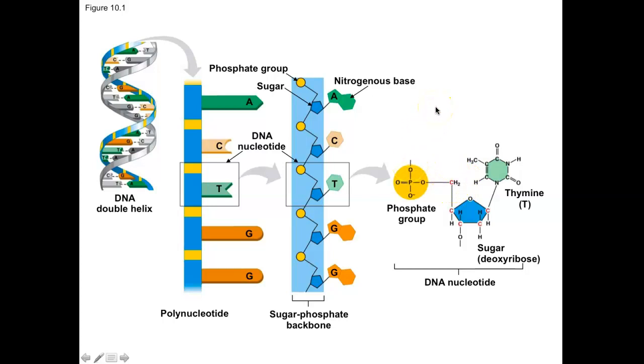If we look at this strand up here, the phosphate group is left. This is the last nucleotide on this strand. There's no more nucleotides above it. So what's left hanging or free would be considered the 5' end. What you're looking at here is a 5' end because there's nothing else attaching to the phosphate group.